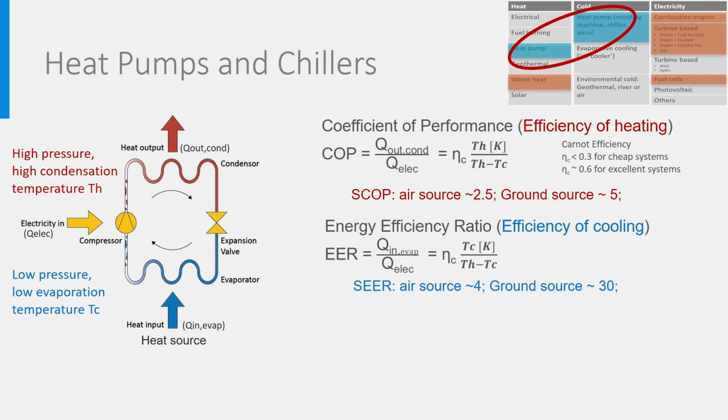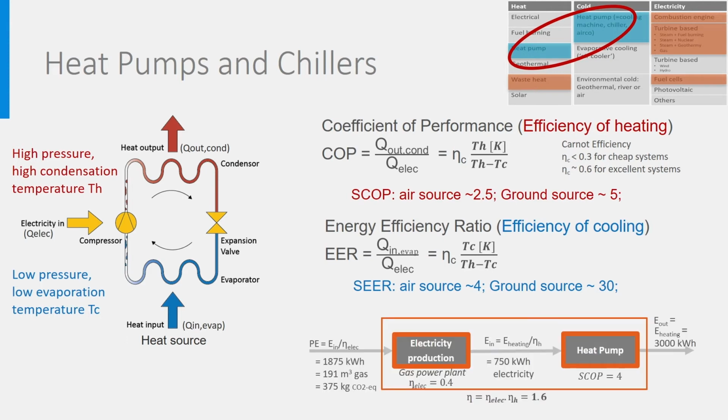Let's finally look at the energy chain, taking again the example of a building having a heating demand of 3000 kWh. But this time we use a heat pump with seasonal COP 4, by which 3000 divided by 4 is 750 kWh electricity only is needed to power the compressor.